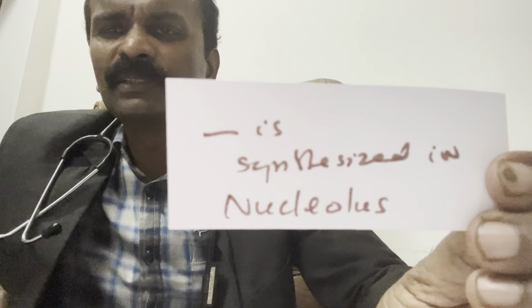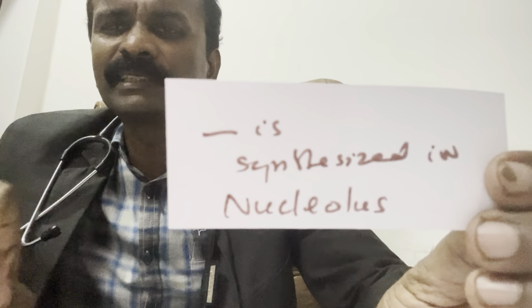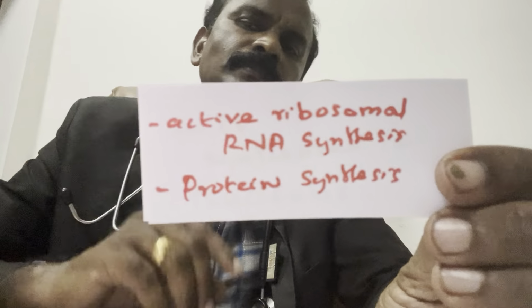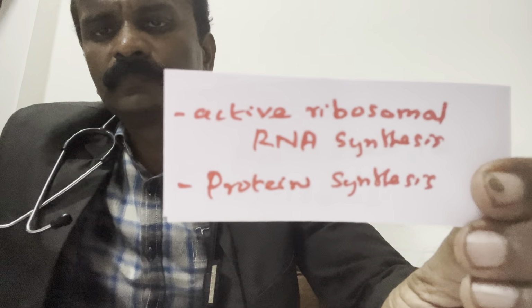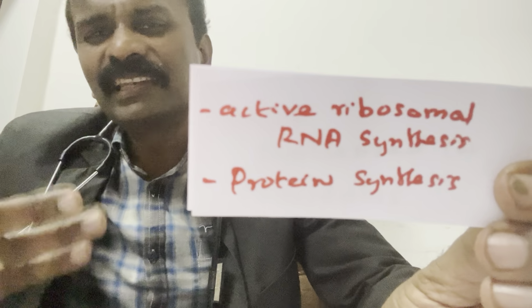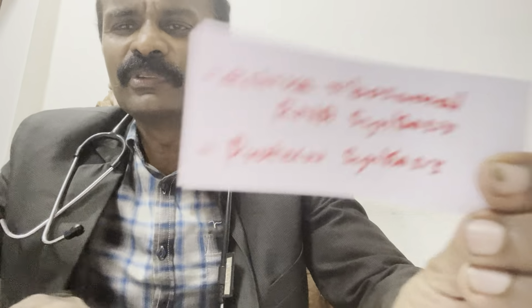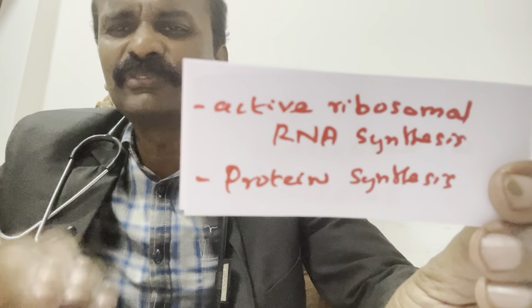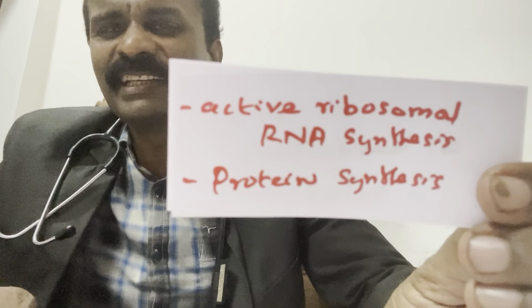Can you tell me two things? One, protein synthesis. What is another thing? Instead of RNA, they'll keep DNA. Instead of active, they'll keep inactive. Instead of ribosomal, they'll keep peroxisome and make you confused. Now it's easy for you to read.